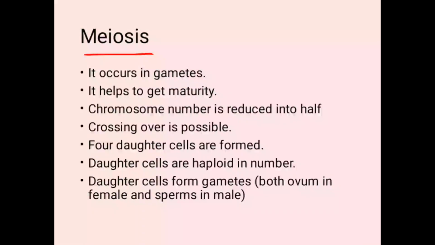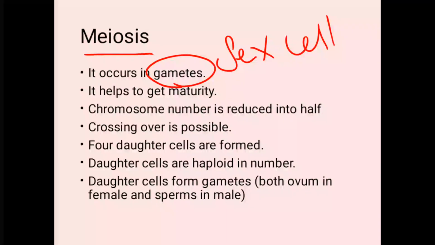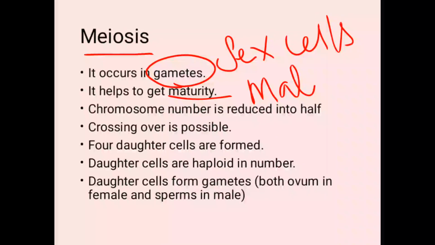Next one is meiosis. Meiosis occurs in the gametes, sex cells or reproductive cells. This type of cell division occurs to attain maturity in both male and female. So where is it occurring in male? In sperm cells.